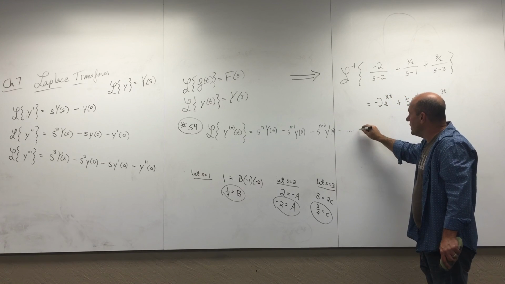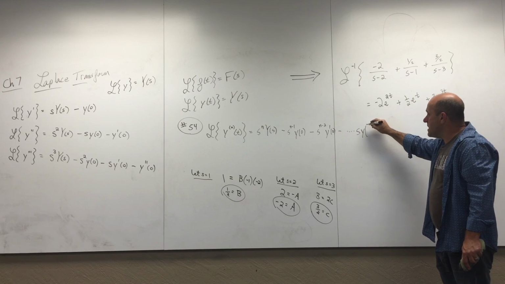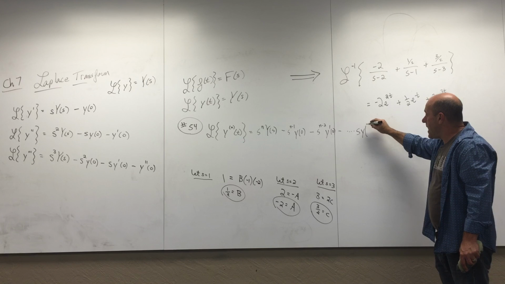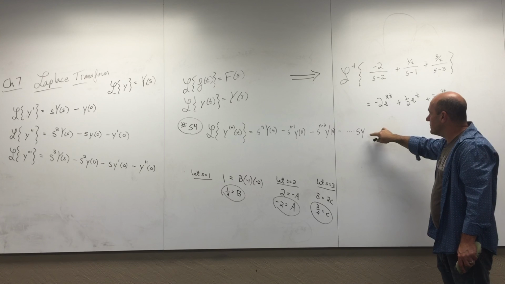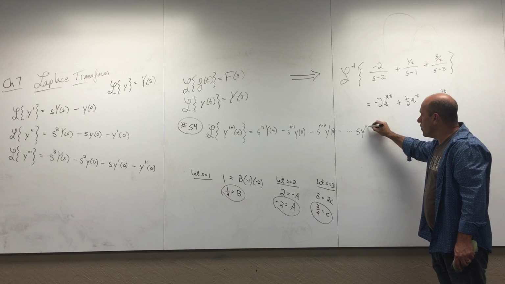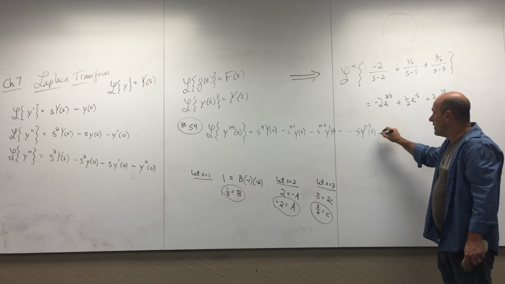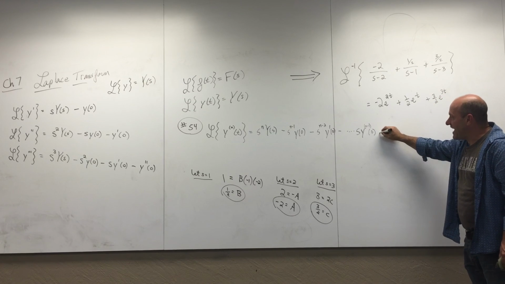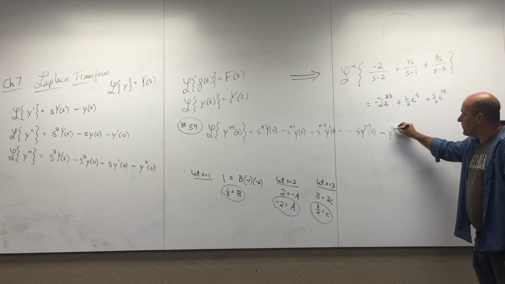Eventually, there's 1s, and y to the n, like 0, n minus 1 prime of 0. Hold on. And then finally, that's not the last one. The last one, the s is gone, and you're looking at the nth derivative of 0.